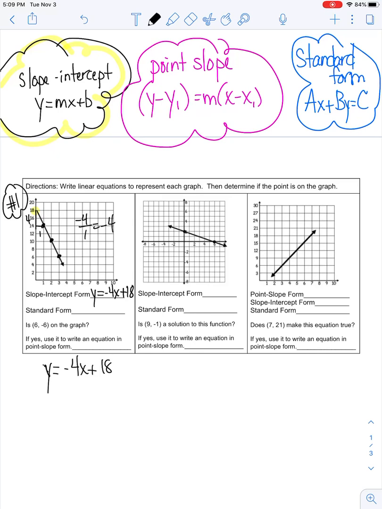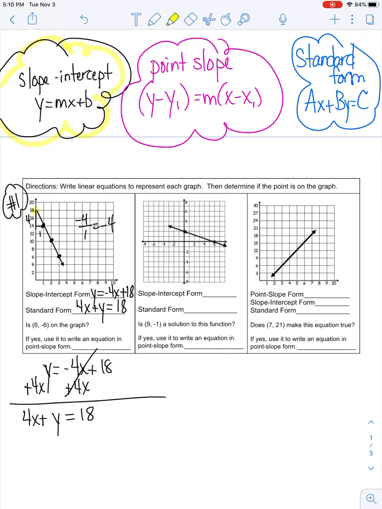My goal is to get the x and y on the left side, so I'm going to add 4x to both sides. So I have 4x plus y equals 18. I can clearly see this is in standard form. I don't need to multiply by anything, so I can leave it just like that: 4x plus y equals 18.